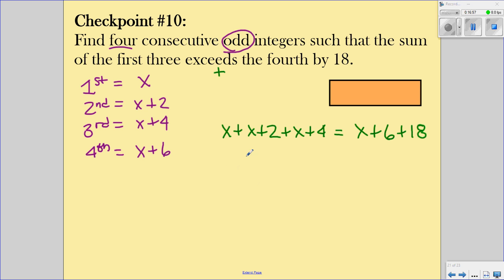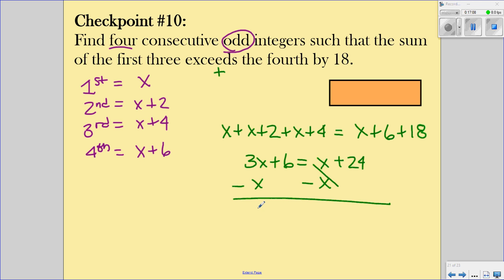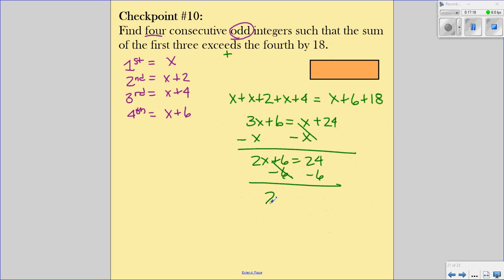So now we combine our like terms, 24, and put the variables together. We're going to subtract that. That's 2x plus 6 equals 24. And subtract 6 on both sides. 22. And then this one will be 18. Divide, and x equals 9.